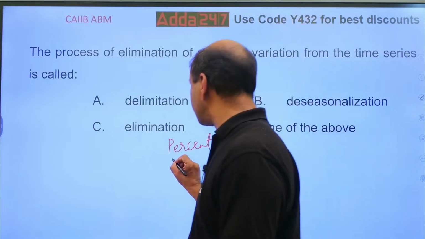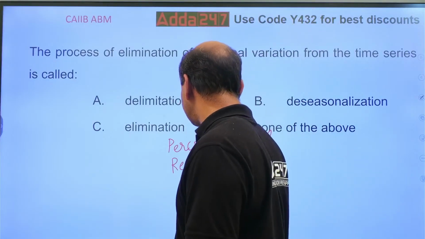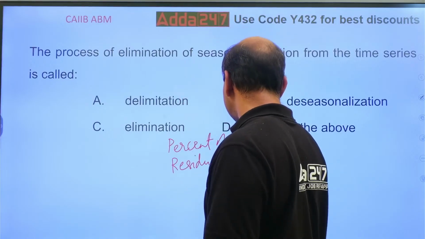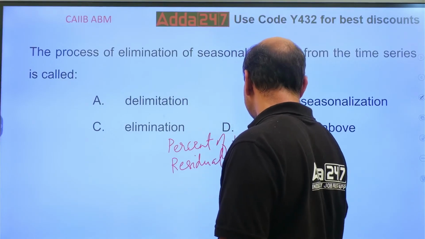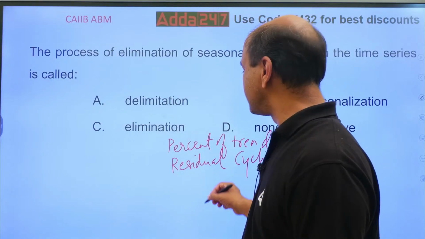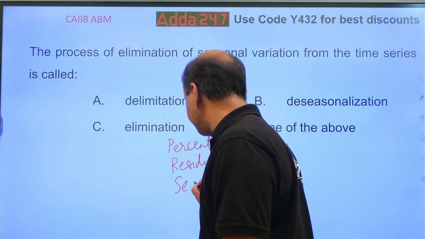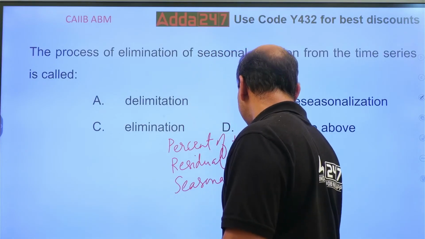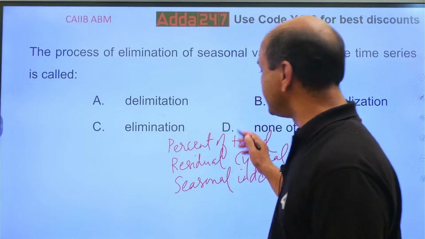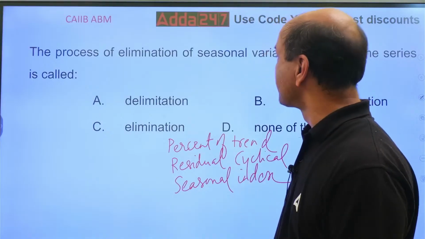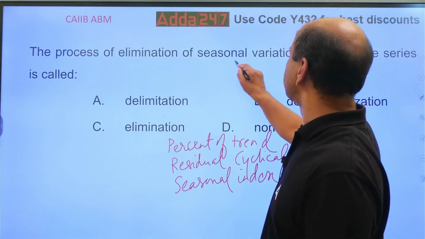Then second is residual, cyclical method, because one more word is there. And third one is seasonal index. These 3 methods are used in your CAIIB also, to eliminate the seasonal variations.